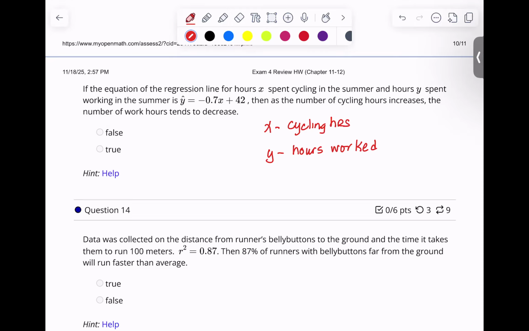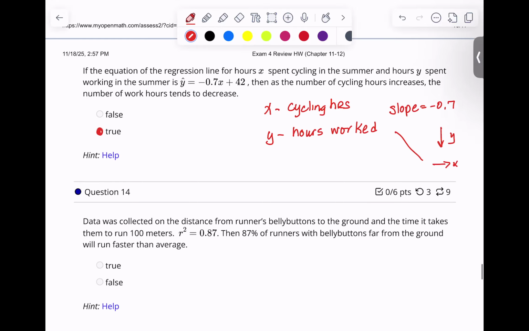That makes sense. The slope for this line is negative 0.7, and a line with a negative slope is going down. That means as X gets bigger, Y gets smaller. So as the number of hours that you cycle increases, the number of hours you work is decreasing. So according to this linear regression model, that is true.